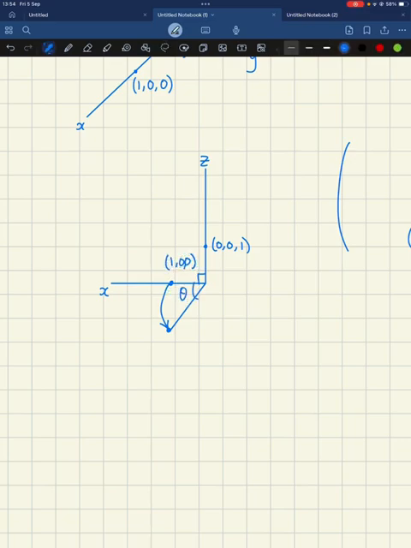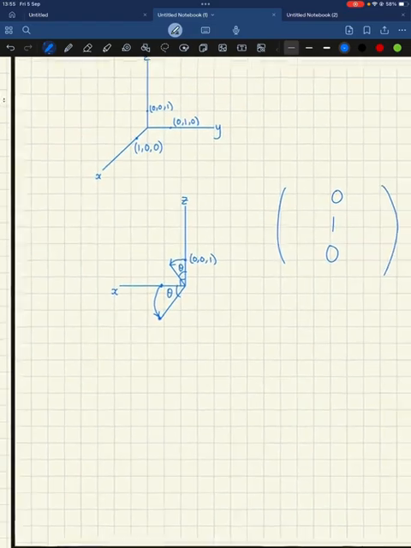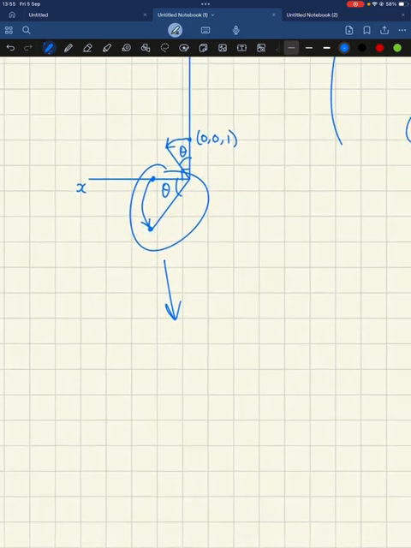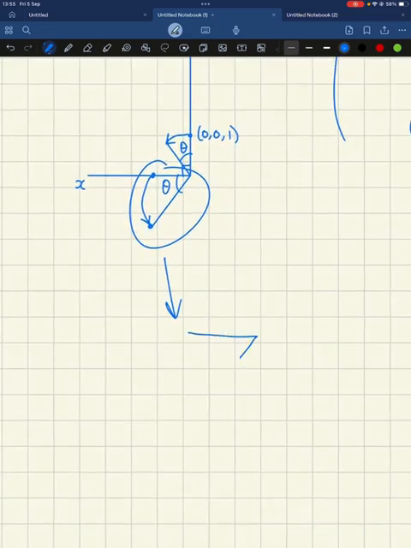So this will be angle theta, and this will rotate over here, and that will also be angle theta. So now let's look at this triangle. That's the right angle, this is theta, and this is 1.